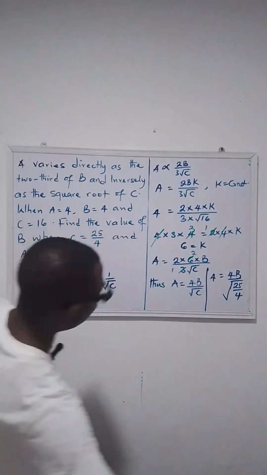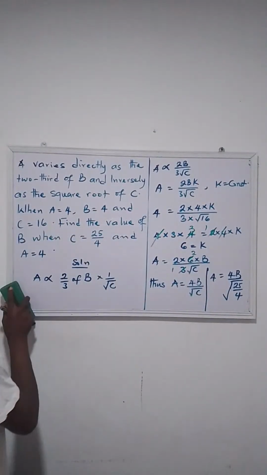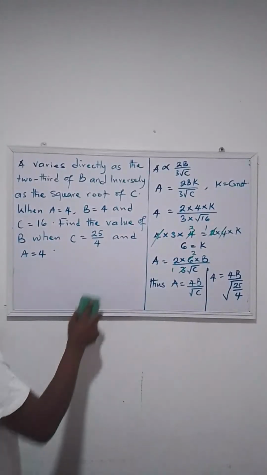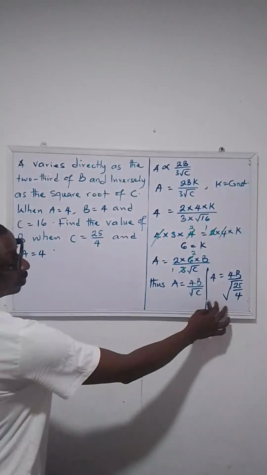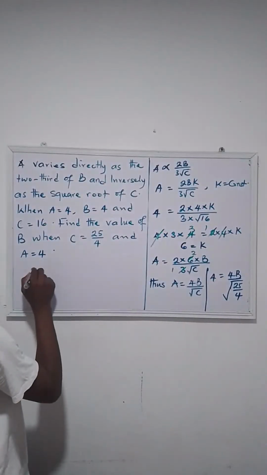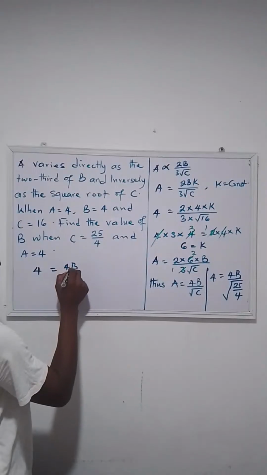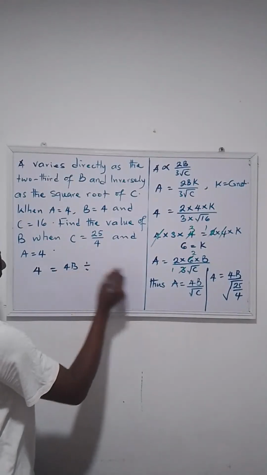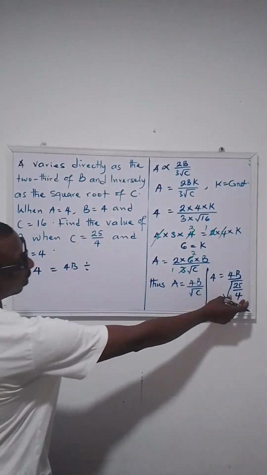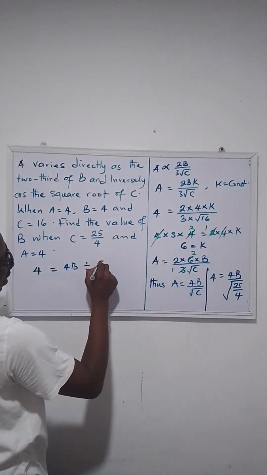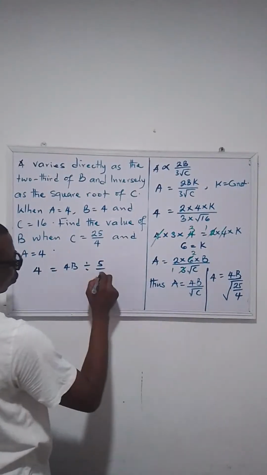Now this equation turns to 4 equals 4B divided by, you can find the square root of 25, that's 5 over 2.